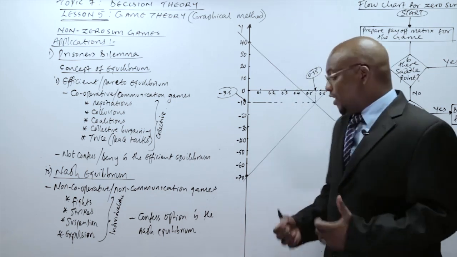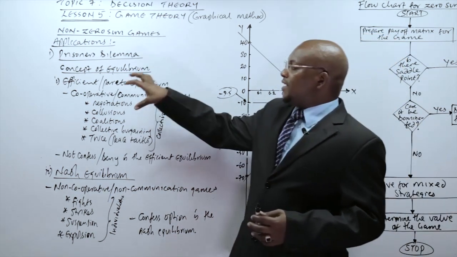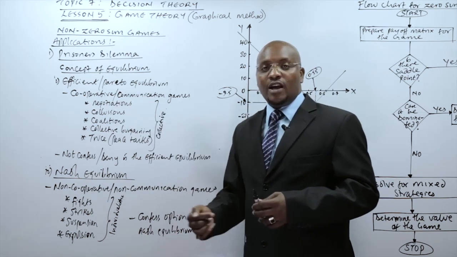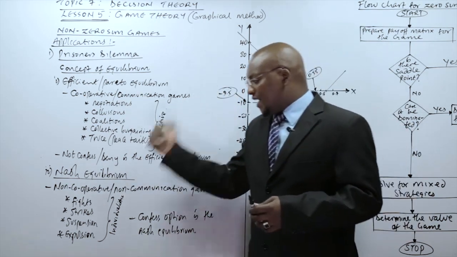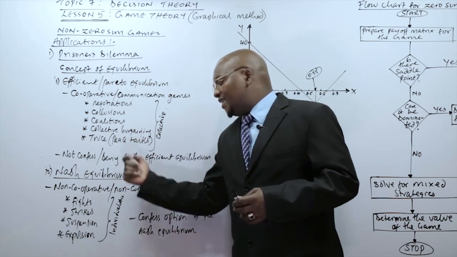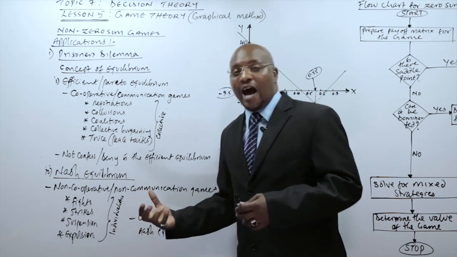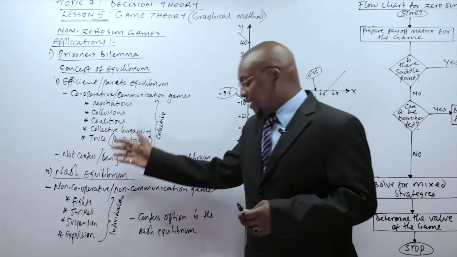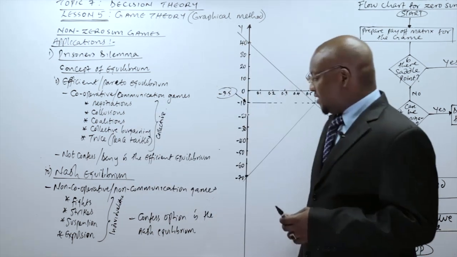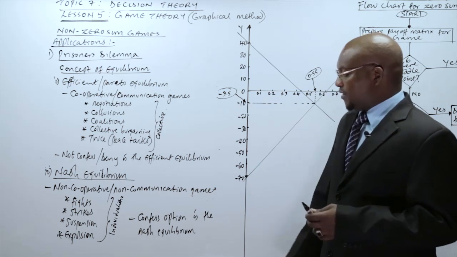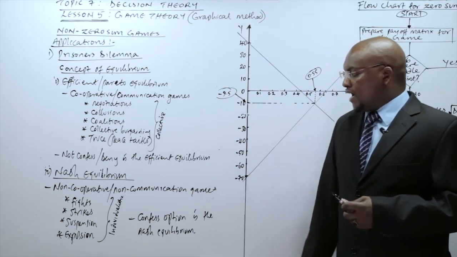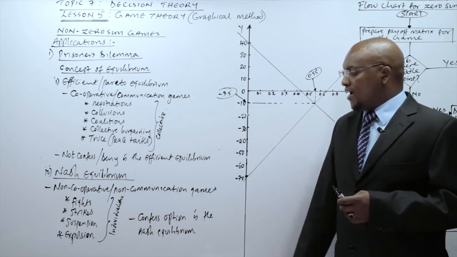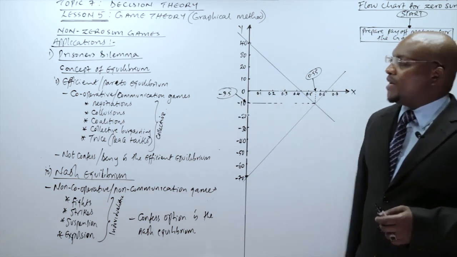So the key thing is that the efficient equilibriums are applicable to the communication games, while the Nash equilibrium are applicable to the non-cooperative games. I've given you the examples concerning the cooperative games and the examples concerning the non-cooperative games, and that is the position. So we'll have to do an illustration concerning the prisoner's dilemma to understand these concepts and the equilibrium we have.